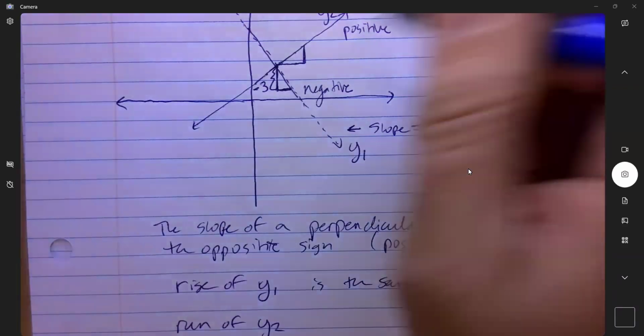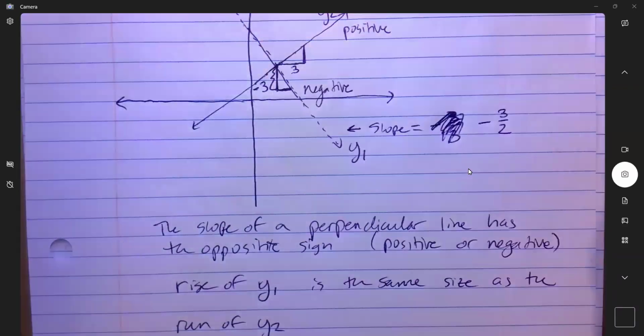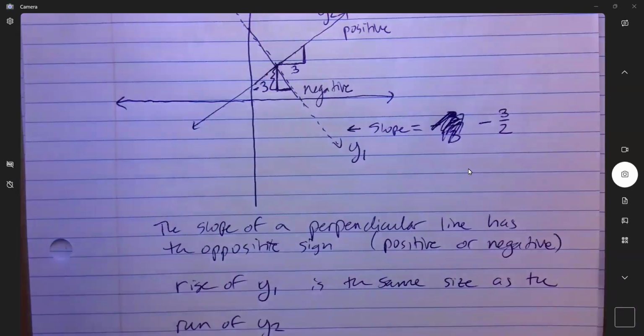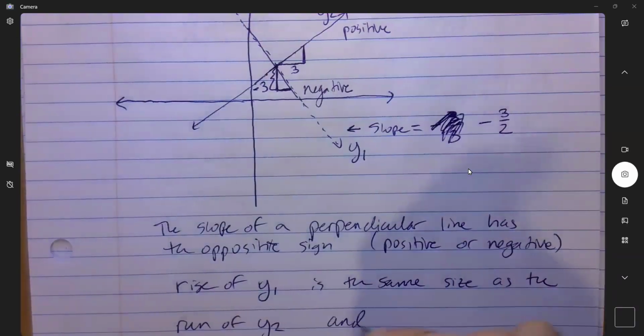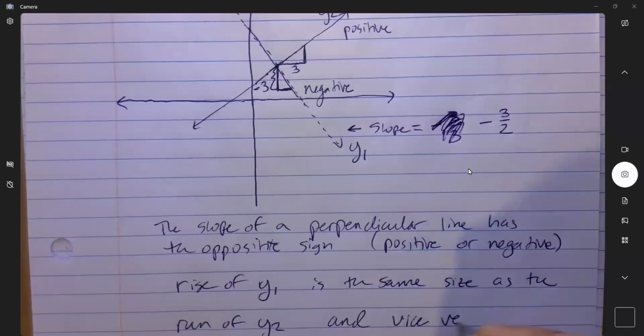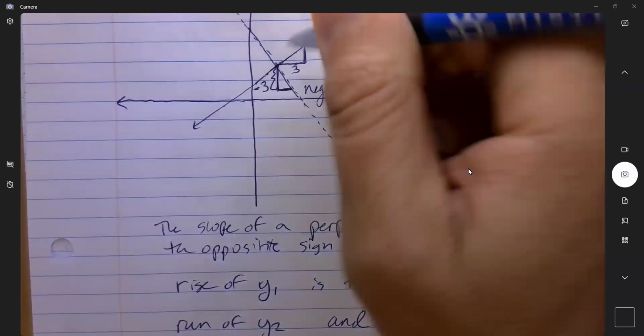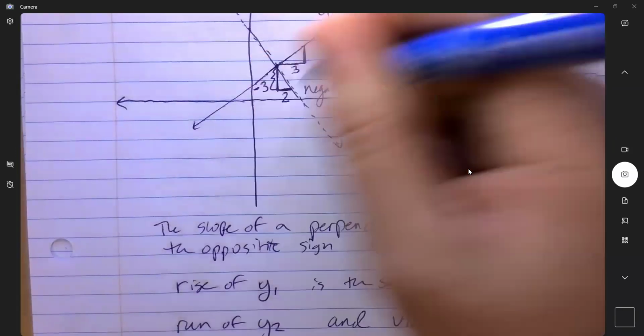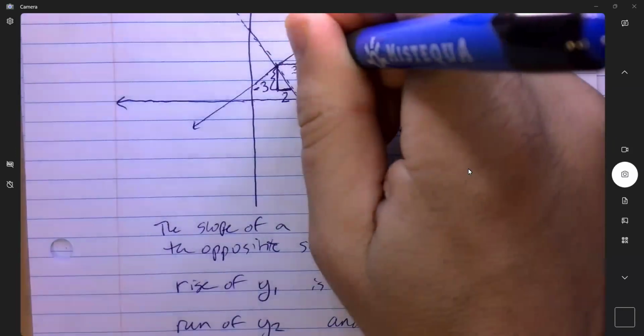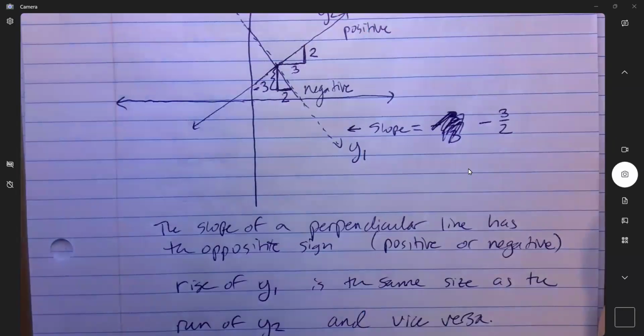That's -3. And this one is 3. And it works vice versa. The run of y1 is equal in size to the rise of y2.